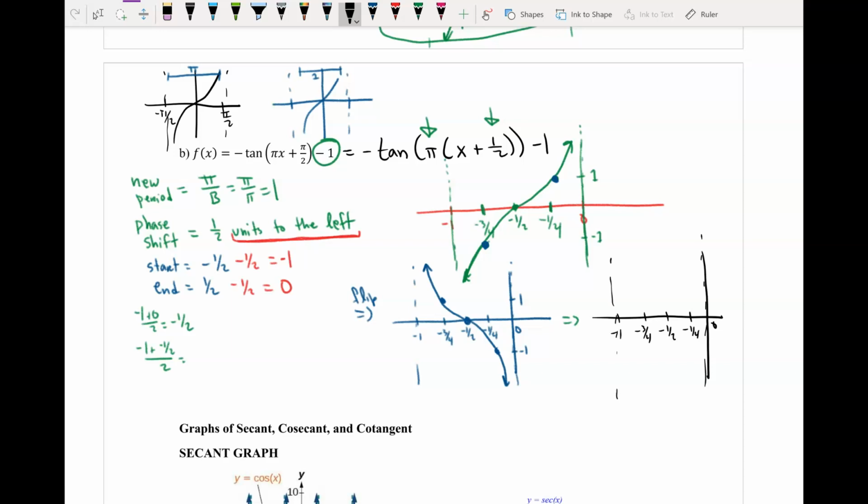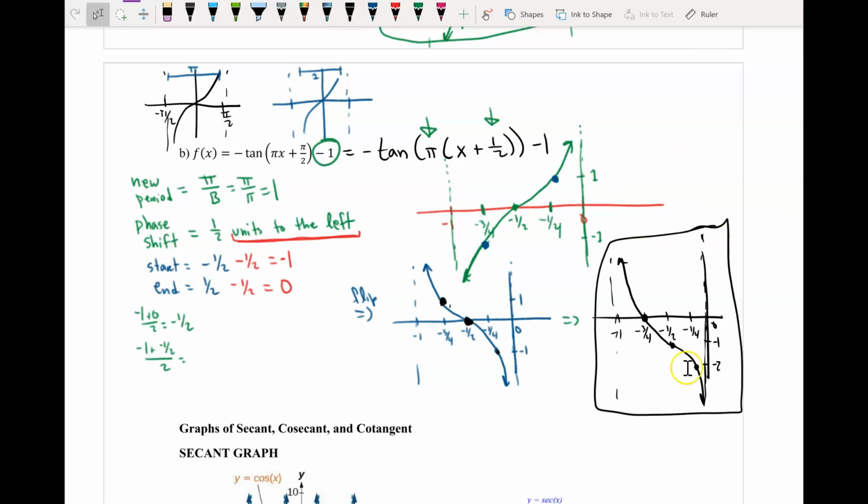So everything's going to be shifted down 1. So I'm going to need a negative 1 and a negative 2. So this guy's now going to be at 0. This guy's now going to be at negative 1. And now this guy's going to be at negative 2. So the graph looks something like this. And that's going to be my answer.